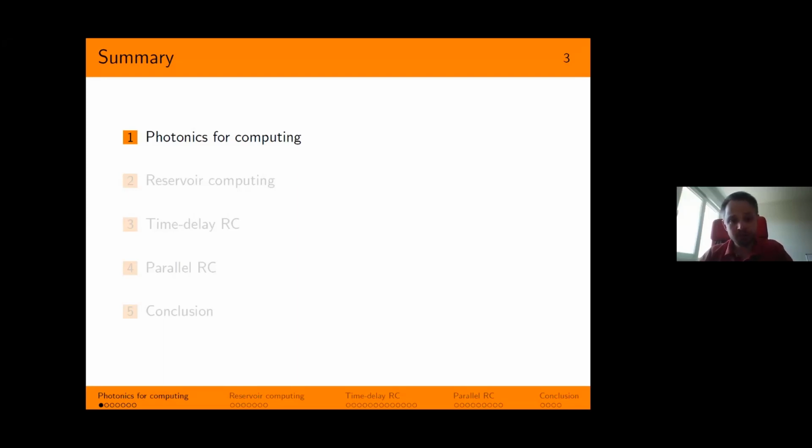And the Boolean logic, our standard way of doing computations today, might no longer be the smartest one to use. In this talk, I will show you some of the recent advances in optical computing with recurrent neural networks. And I'll try to convince you that investing in optical computing in the future is not such a bad idea after all.